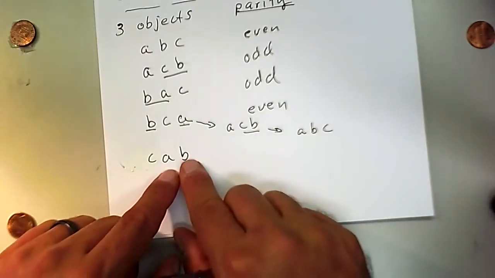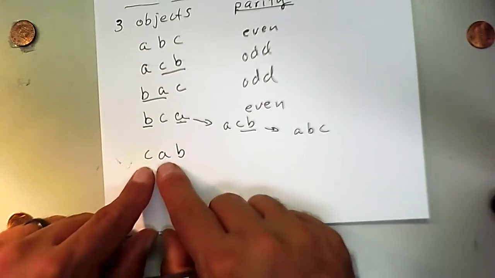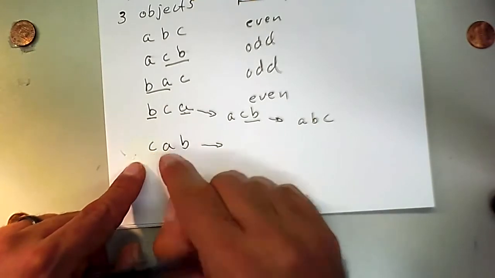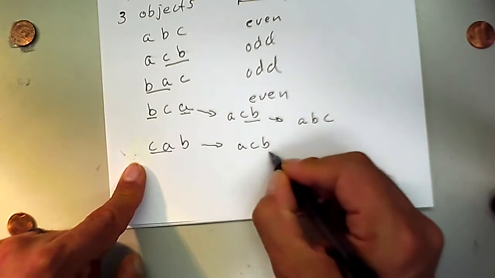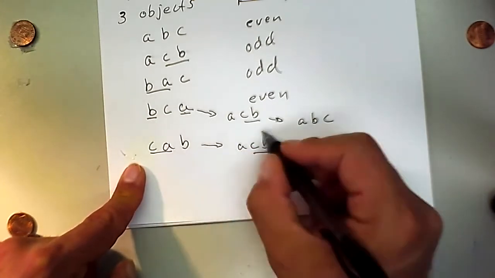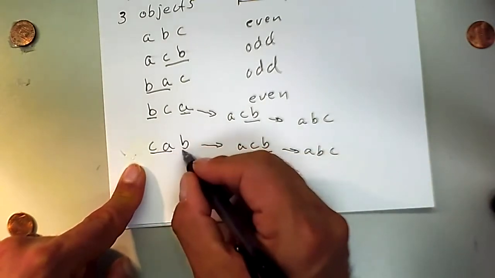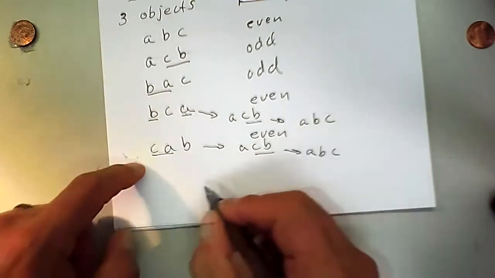Let's see. Nope, nope, nope. So we need 2 at least. So swap those 2, and that gives us ACB. Swap CB, and that gives us ABC. So that means we need 2. Consequently, this permutation is even.